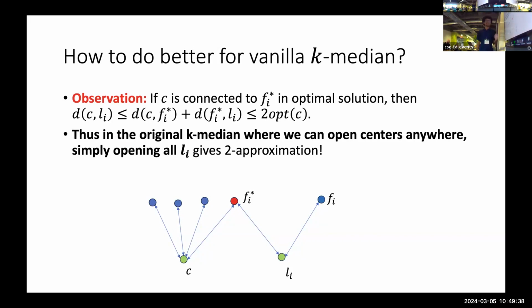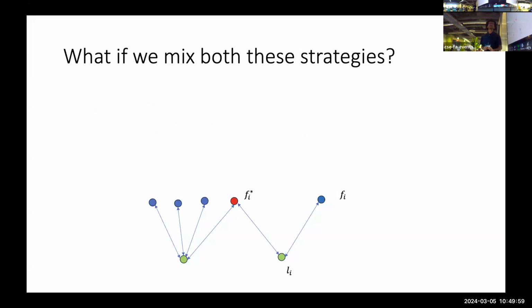So if I can open centers anywhere, opening the leaders is a good idea. If I open all the leaders, I'm going to get a 2 approximation. That's it. But opening all leaders gives only a 2 approximation, and we want to beat 1.7. So the most natural thing that comes to mind is, let's do both.